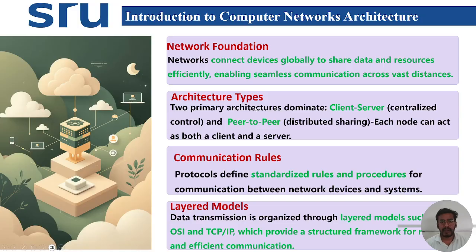In data transmission, we follow certain architecture types. There are two types of architectures we primarily use. One is client-server, which is based on centralized control. Here we can take the server as a centralized hub, and clients get or share resources and information effectively through the hub.